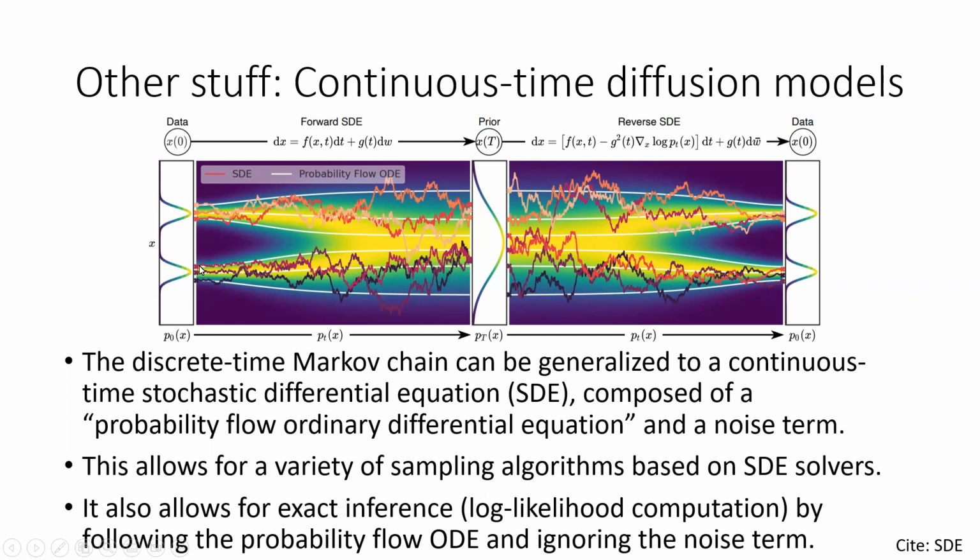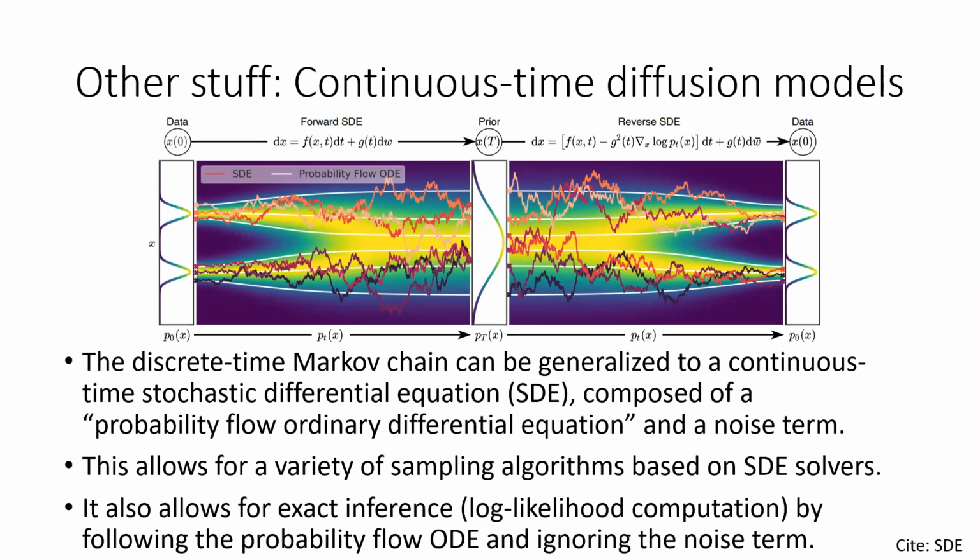But by starting from any given point in x0, the stochastic differential version of that probability flow ODE can allow you to generate a sample from x of t. So this opens up a lot more possibilities of sampling algorithms by linking the theory of diffusion models to stochastic differential equations. And so we can use SDE solvers for sampling from our diffusion models.